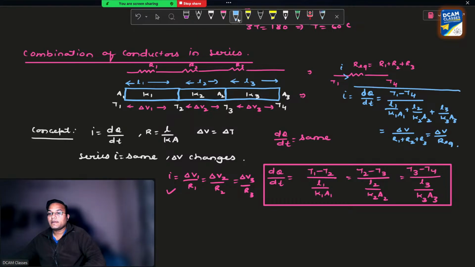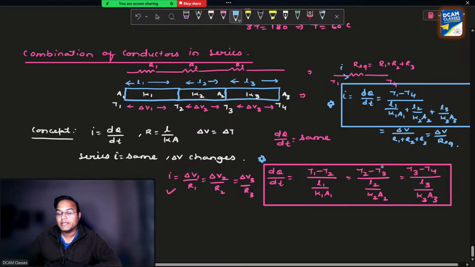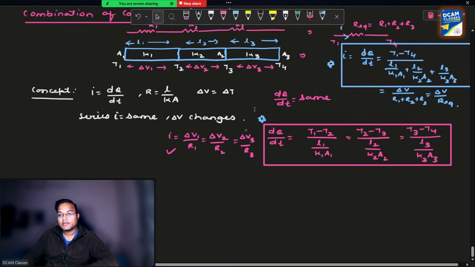Yes, I'm trying to actually solve this problem using current electricity concept. So actually when they give you in the books, they will give you only these two box formulas, but comparing them with the current electricity is your take. Similarly, this is for series.